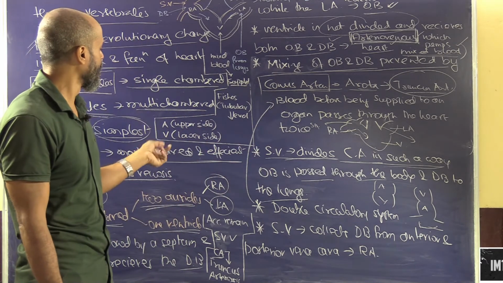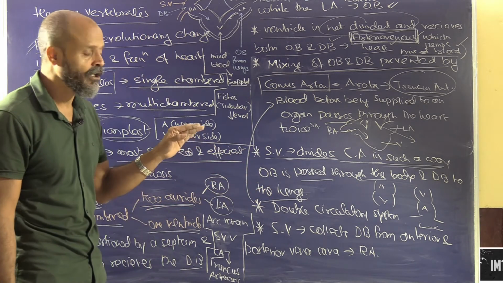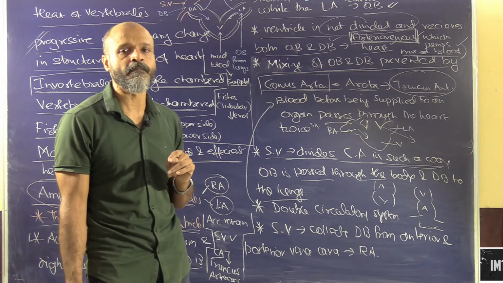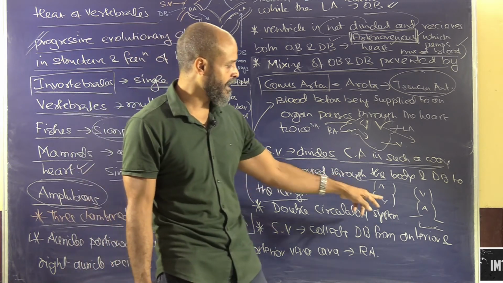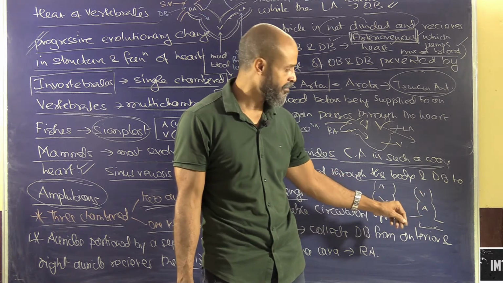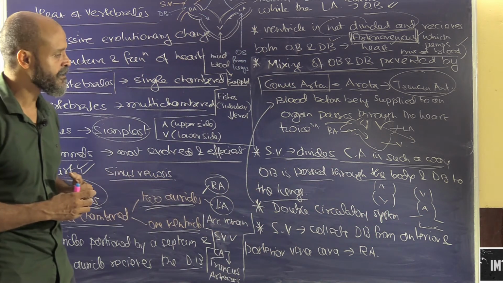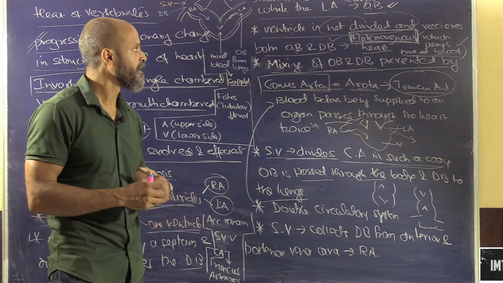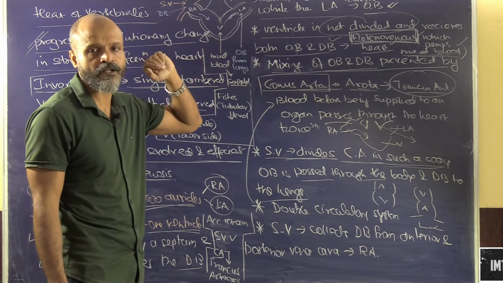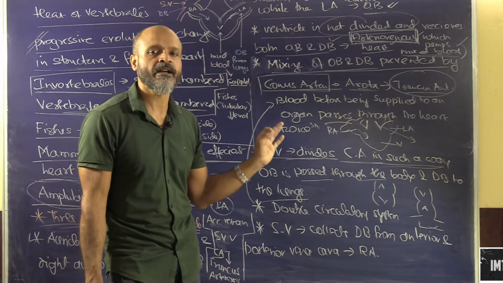In fishes the auricle is on the lower side while the ventricle is on the upper side. The blood enters the auricle, but this is how it is represented. But in amphibians the ventricle is on the lower side and the auricles are on the upper side. Sinus venosus is similar to what we have in fishes.